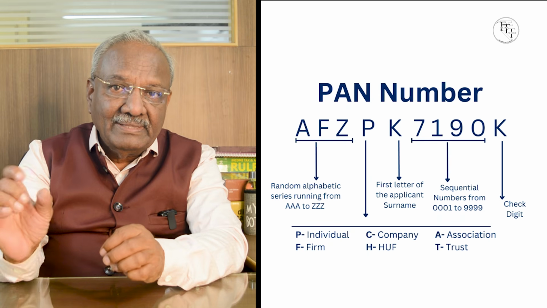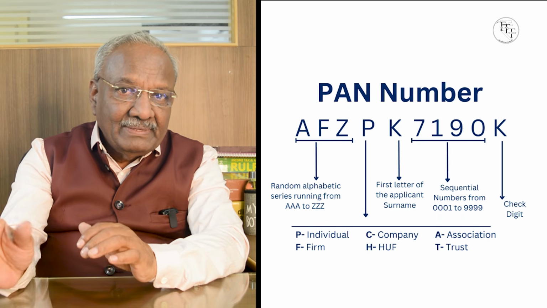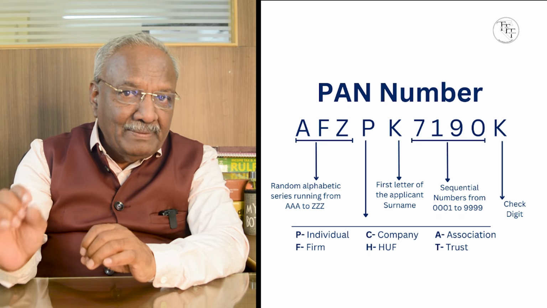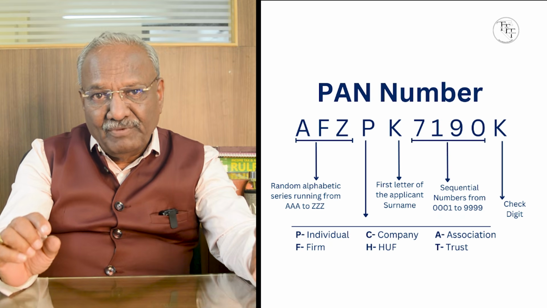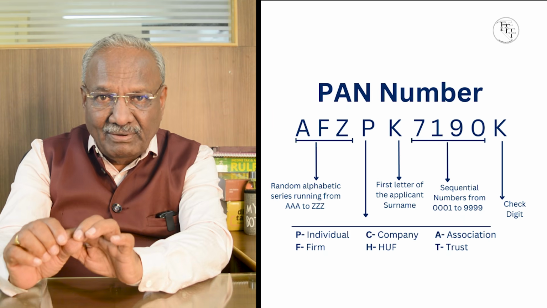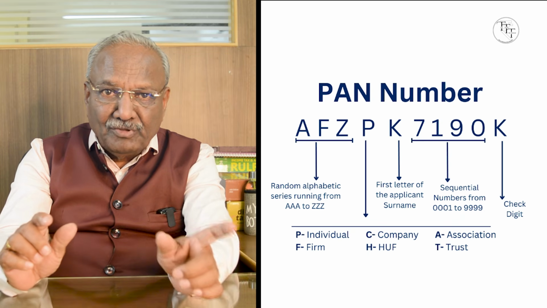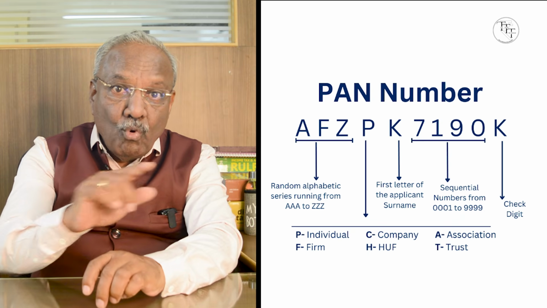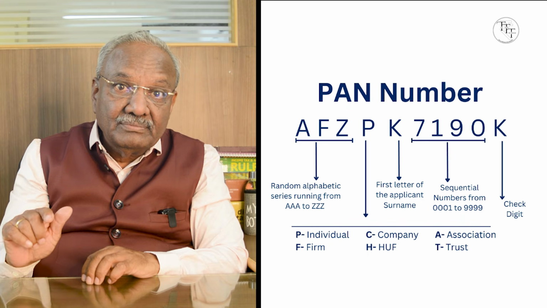And lastly, the alphabet which is there is a secret alphabet, generated by the computer on the basis of the earlier 9 alphanumeric characters. It is called the check alphabet. Suppose anywhere you make a mistake, when there's O, instead of typing O, you may type 0.